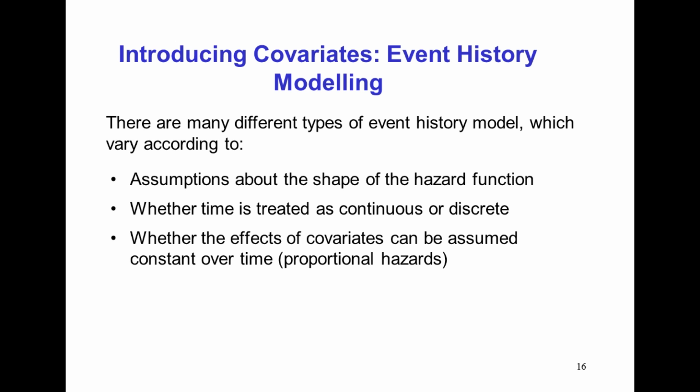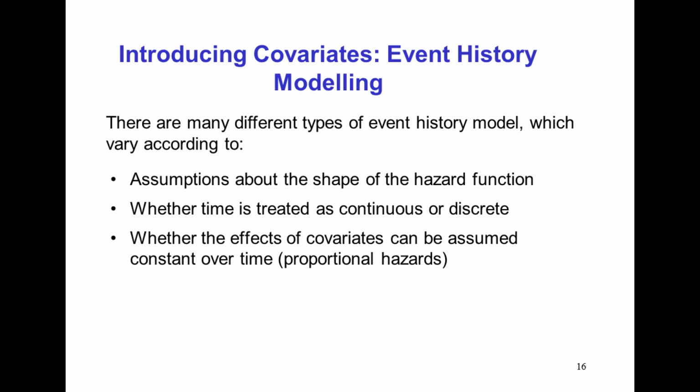Some of these models are not really appropriate in many social science situations because they make quite strong assumptions about the shape of the hazard function. In particular, there are methods that make assumptions that the hazard function is always increasing or always decreasing. All right. So we've just seen in our case, looking at age of first partnership, that's not going to be appropriate. So you want to be using models that are very flexible in terms of the hazard function.